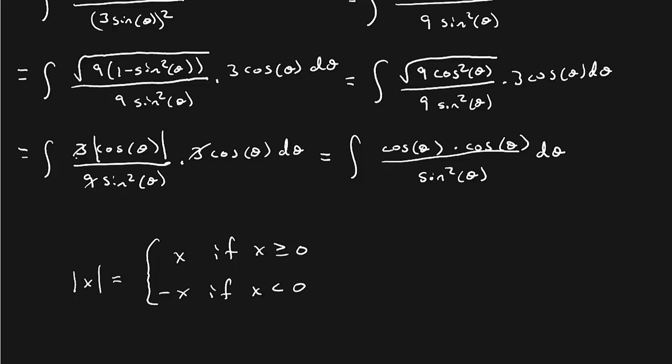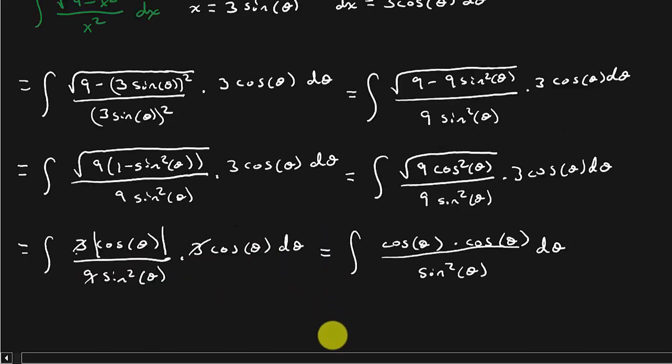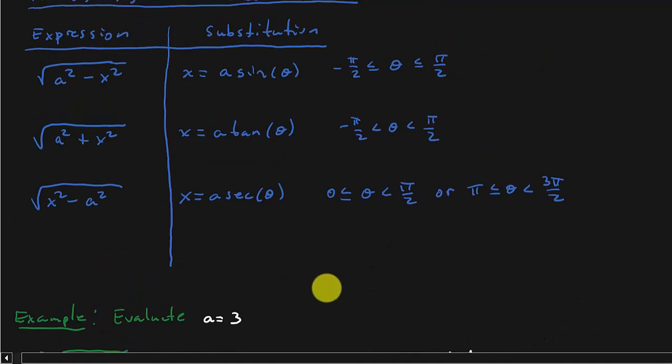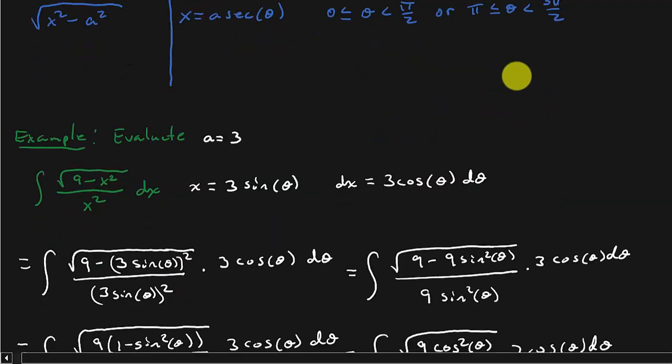So how do I know I can use the positive? Well, let me show you real quick. It all goes back to this up here. This right here is the substitution I used. Theta is between negative pi over 2 and pi over 2, right? So that means I'm in the first and fourth quadrant, and we know that cosine is positive in those two quadrants.